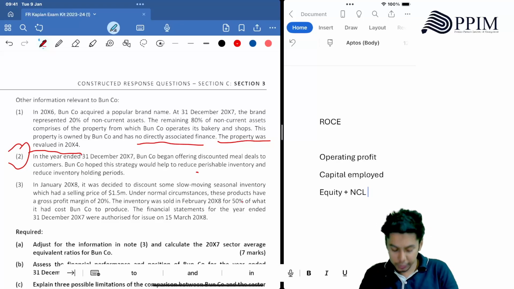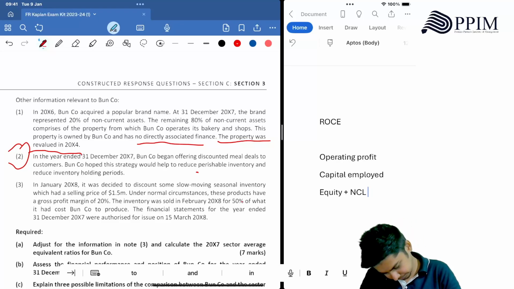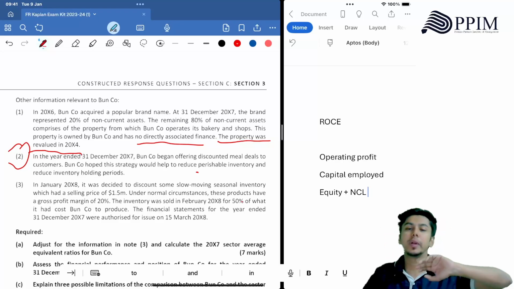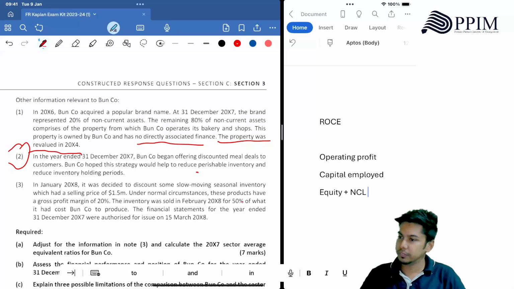For which ratio, Basil, you want to include that point? Yeah, now usually cash flow issues, we should normally mention in the liquidity ratio.